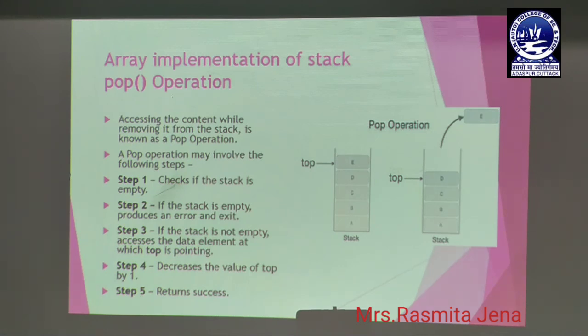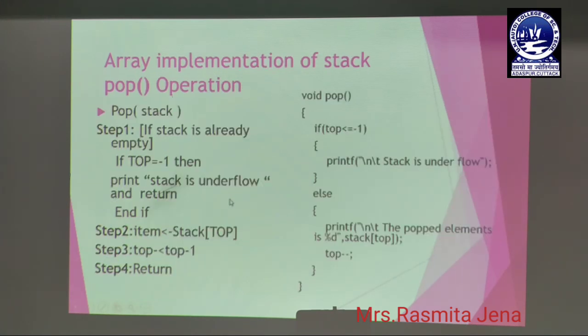Okay. Let's see the array implementation of pop operation. That means what will be the algorithm for pop operation and what will be the function implementation for pop operation. So in pop operation, we will receive the array, that is stack, and the first step will be to check if the stack is already empty, that means nothing to be displayed.